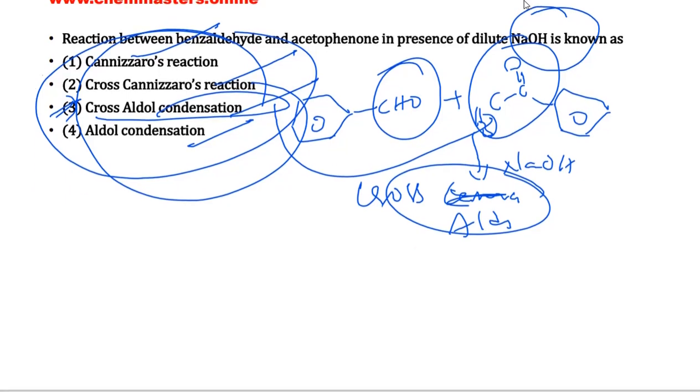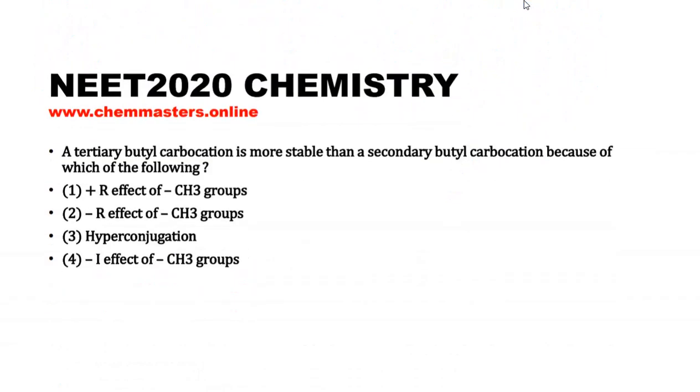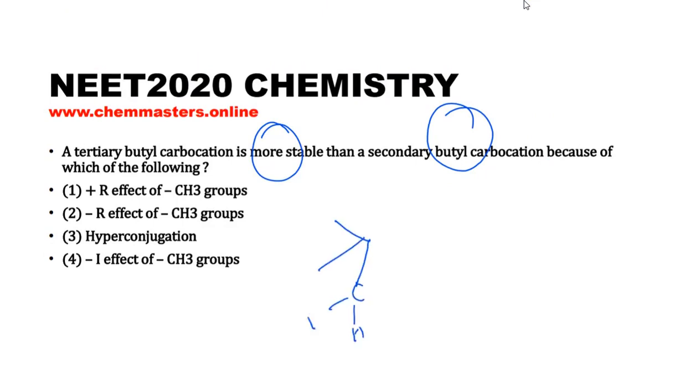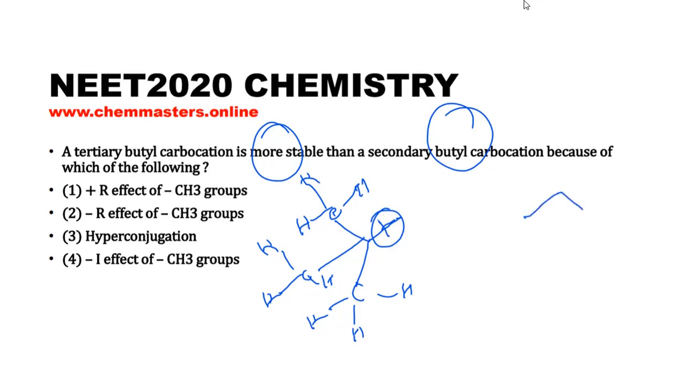Okay, right. And next one, a tertiary butyl carbocation is more stable than a secondary butyl carbocation because of, here you can see, the tertiary butyl carbocation. Now the secondary butyl carbocation.